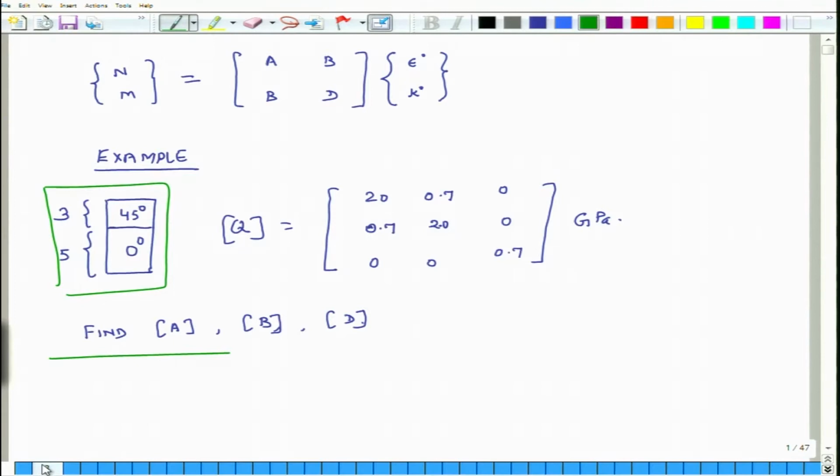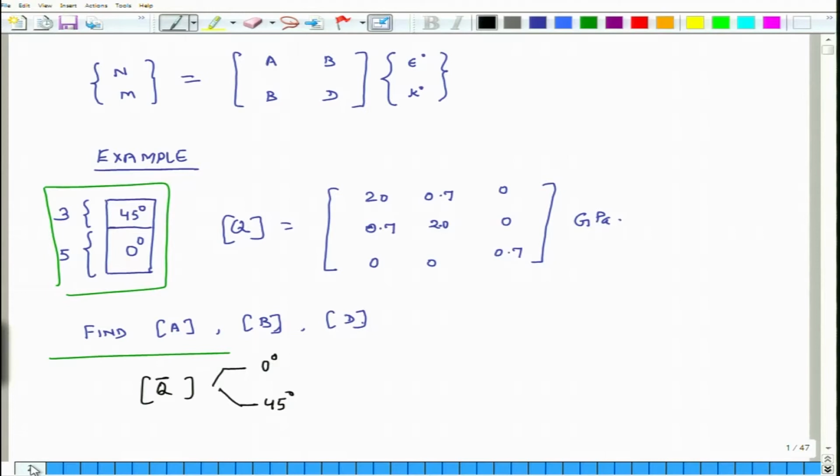We know that to find the A, B and D matrices, we have to find the Q bar matrix for each layer. There are 2 layers, so we have to find the Q bar matrix for the 0 degree layer and the Q bar matrix for the 45 degree layer, and then using the relations which we developed earlier, we will be able to calculate the A, B and D matrices.